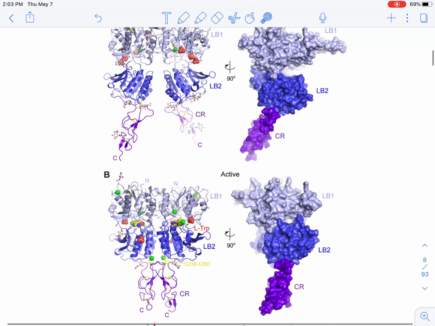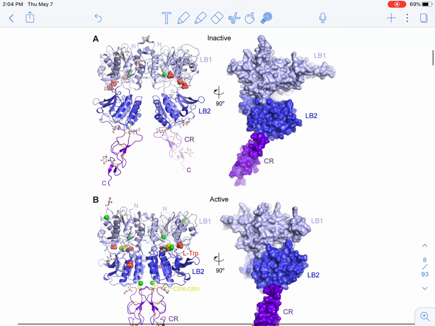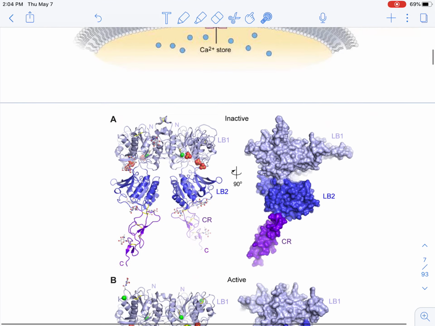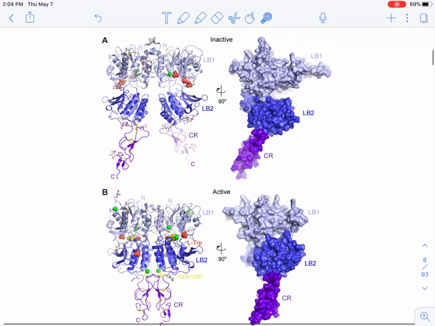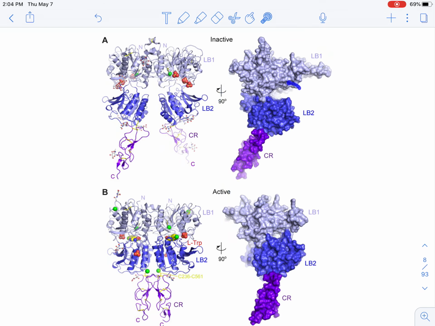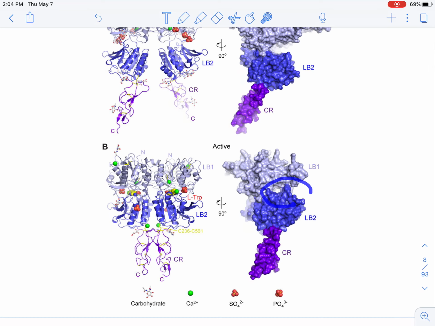And so this image right here is just what one part of this T1R, T2R receptor looks like. If you're looking at the right hand side, this little cavity here is where your sugar is going to come in, if you will. Once the sugar molecule is inside this cavity, it's going to change the conformation of that protein, allowing it to essentially close.